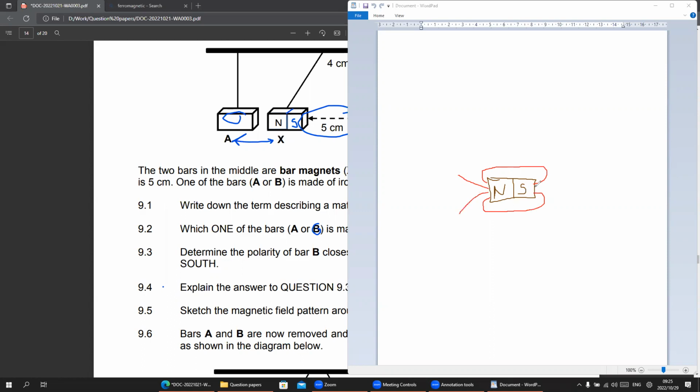Obviously, this is a more simplified version, so it depends on how many lines you actually want to draw. As long as the lines don't touch, it's fine. So you have to indicate the direction as well. And this one is going to go in, and this one is going to go in. So that's how you indicate your magnetic field lines.